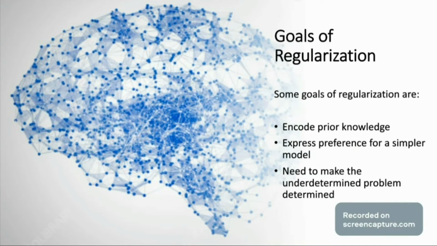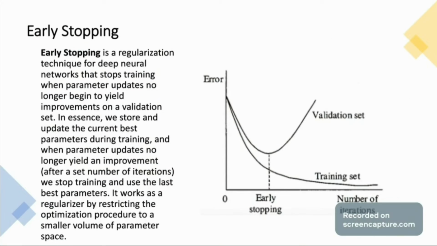Now we're going to move to our next slide, which is early stopping. How do we define early stopping? Early stopping is a regularization technique for deep neural networks that stops training when parameter updates no longer begin to yield improvements on a validation set.